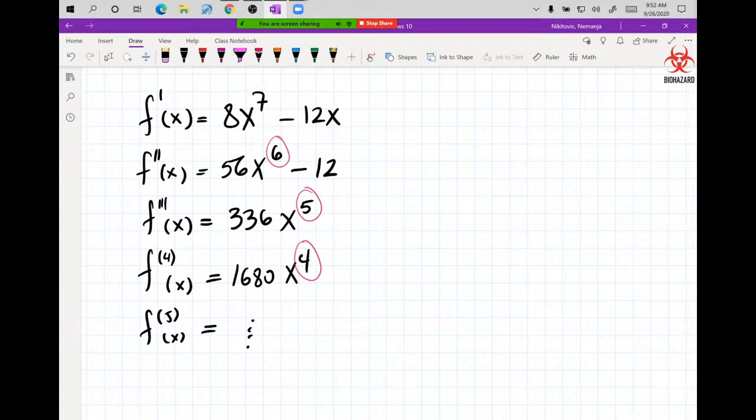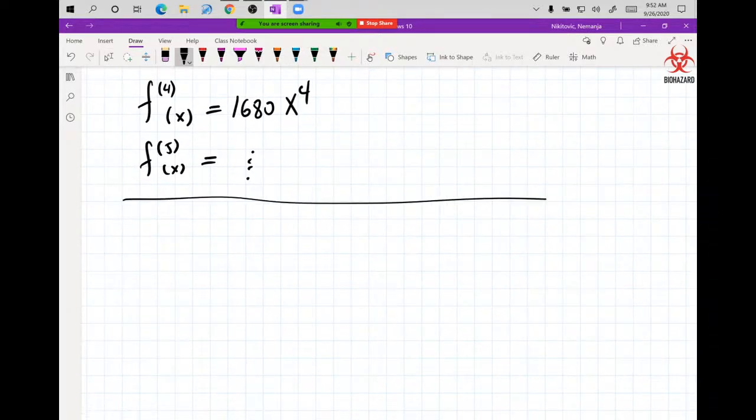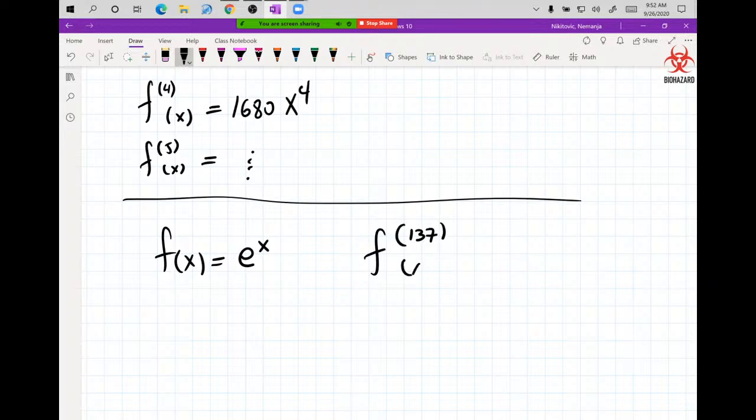Now, does that mean that every derivative eventually trickles down to 0? No. Let me ask you a quick question. If I give you that f of x is equal to e to the x, what's the 137th derivative of e to the x? E to the x, exactly.